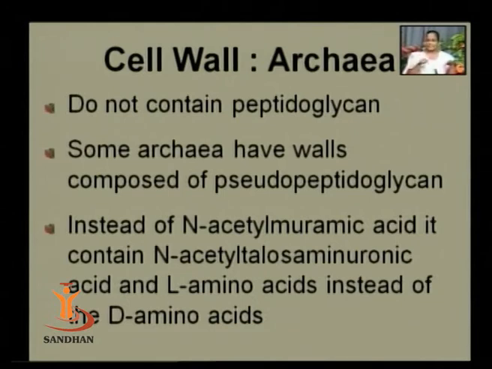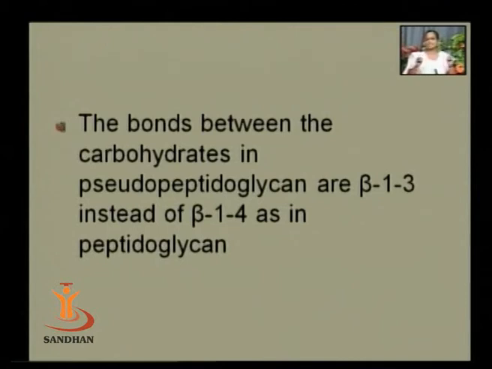In that category, instead of NAM, that is N-acetylmuramic acid, it is replaced by N-acetyltalosaminuronic acid, and instead of L-amino acids, it has D-amino acids. That is the difference. It is not in all cases of Archaebacteria. In fact, we can say that all the Archaebacteria don't show the same type of structure.